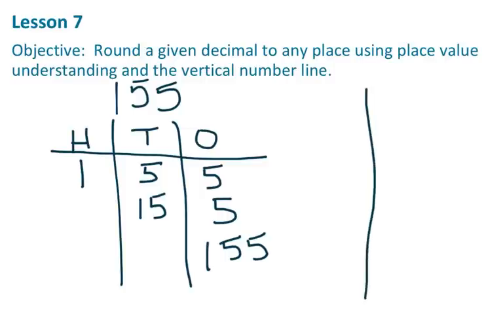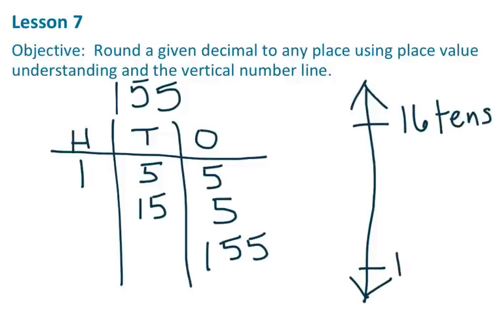So our vertical number line for this number would be like this. And they have 16 tens and 15 tens. And they know that this number is between 15 tens and 16 tens. They had their 15 tens right here.